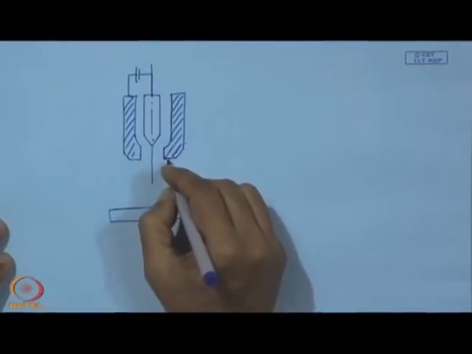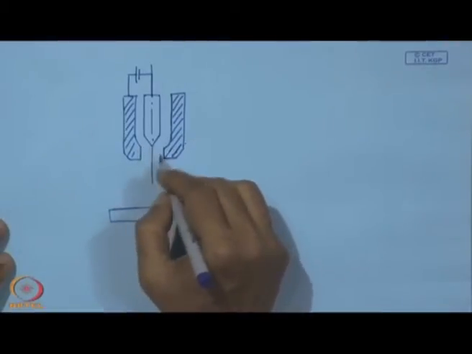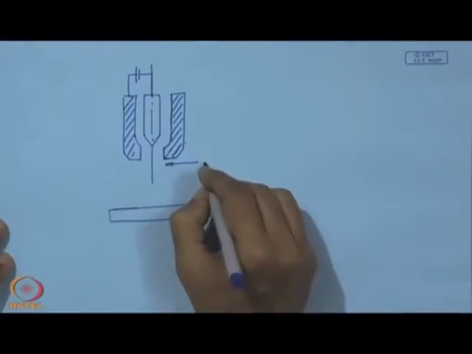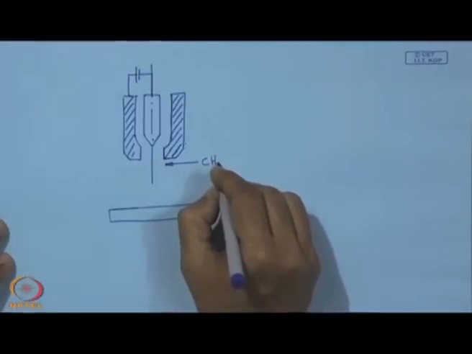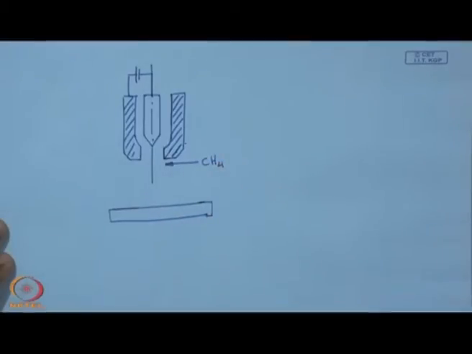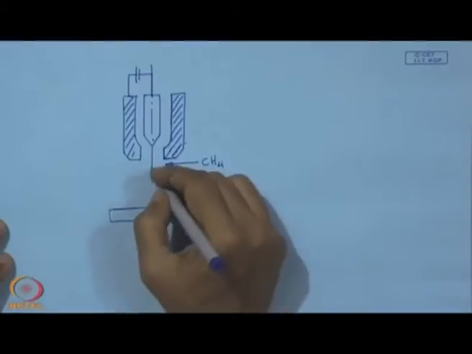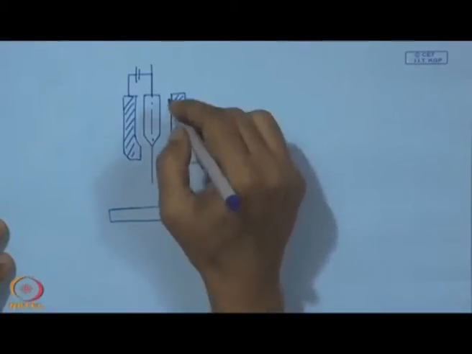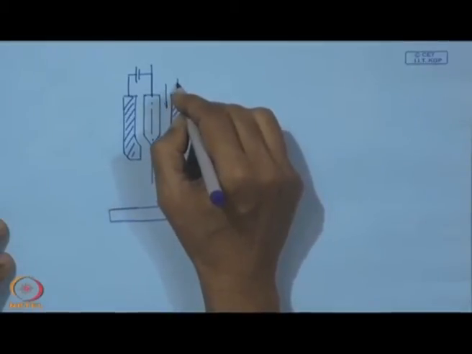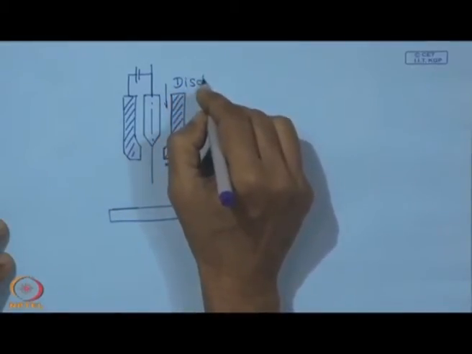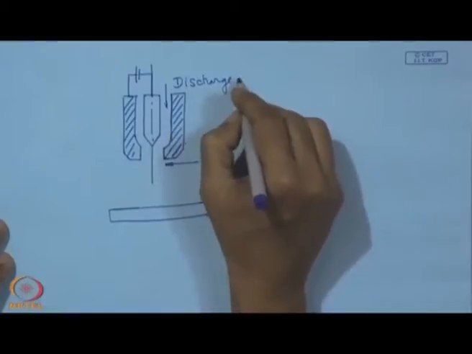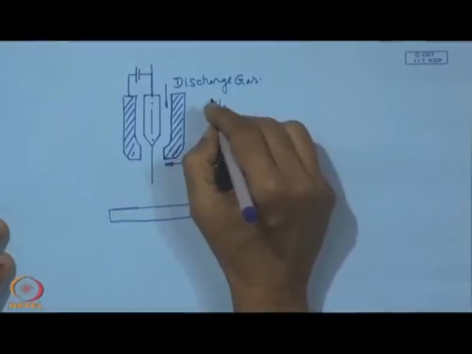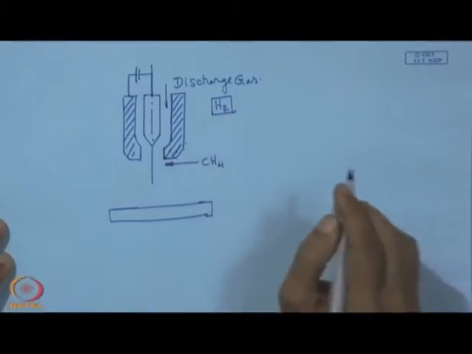That means we have a discharge area, and here we can have a supply of methane. This stream of gas is the discharge gas, which can also be hydrogen.